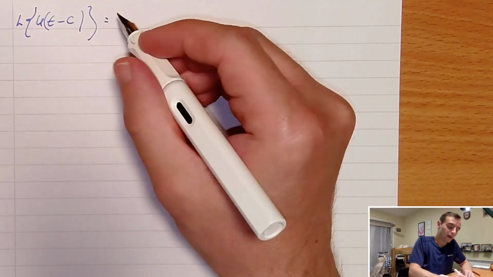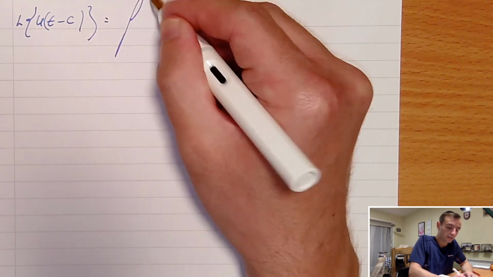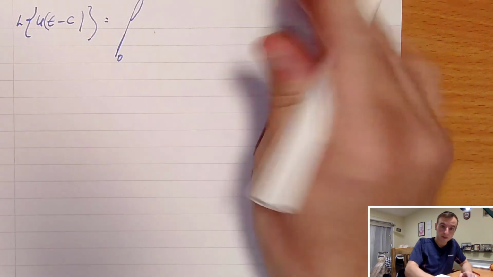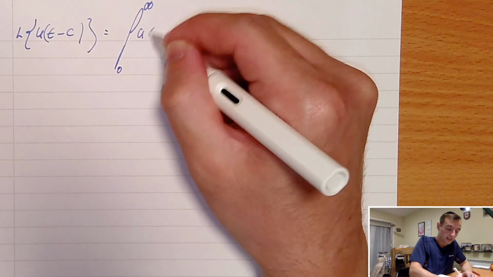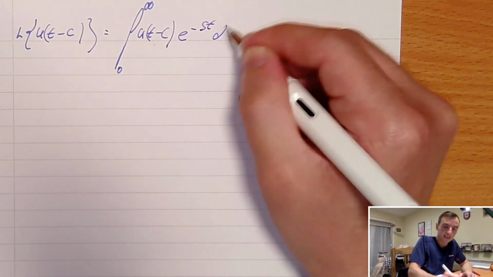So by definition of Laplace, that would be defined as the semi-infinite integral between positive infinity and 0 of the function, which in this case is u(t minus c), times e to the minus st dt.